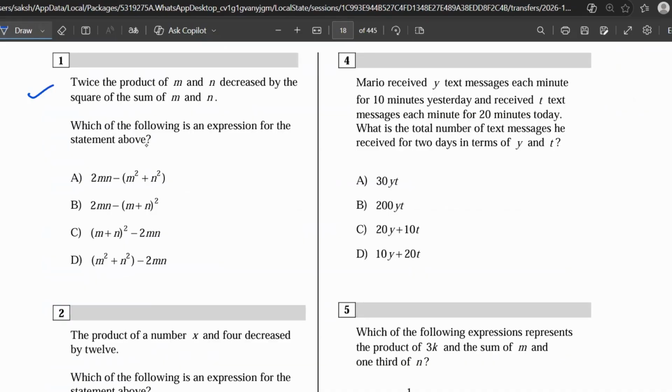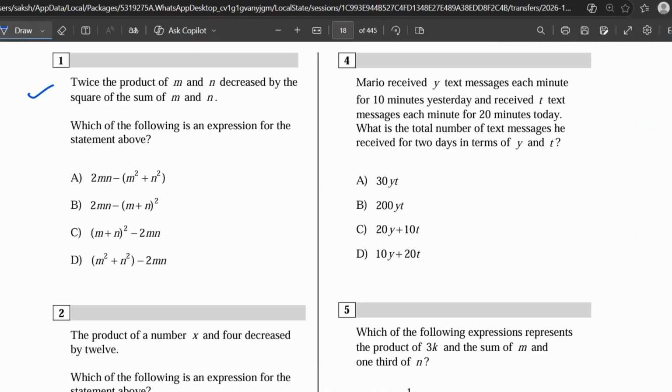What will you write? The second one, B. Someone is saying A. Sorry, B. Anyone else? B, ma'am.